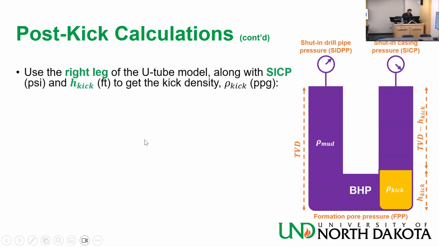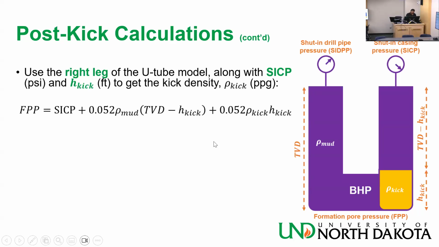Okay. And then we're gonna move to the right leg, which is a little bit more complicated. It's more complicated, but if I know the kick height properly, which is a hard value to come up with in real life and in your project, then I can use the SICP that I know directly and plug into this equation.